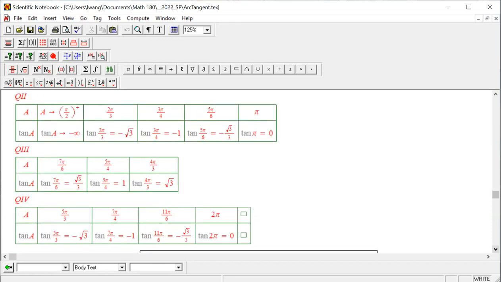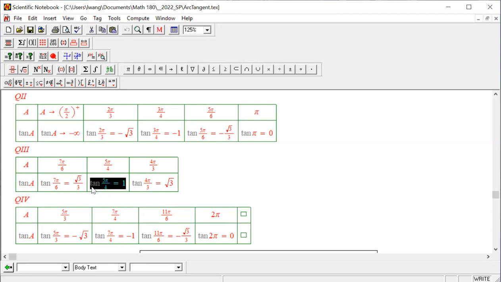Look at tangent 2 pi over 3 equals -√3, and tangent 5 pi over 3 also equals -√3. So in this example, different input, same output, that could make the point. We have many such examples.